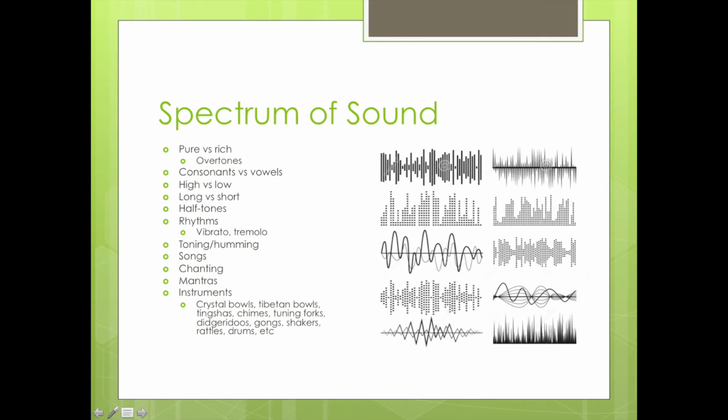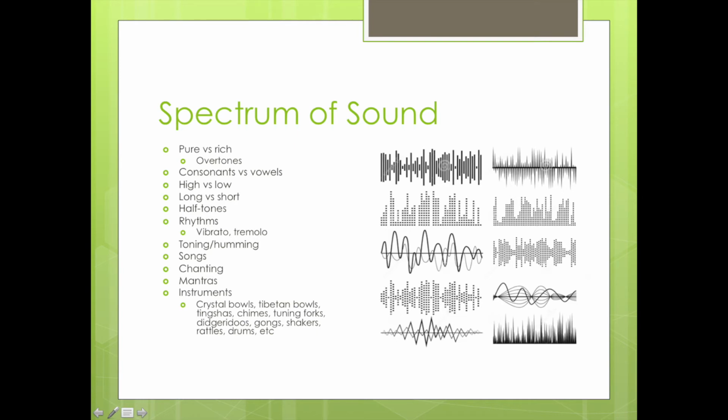There are many components of sound that can be manipulated to create a certain atmosphere, and this is dependent on the individual and his or her intention or desired state of mind. We can look at pure versus rich sound and their overtones, consonants versus vowels, high versus low tones, long versus short, so staccato versus sustained.